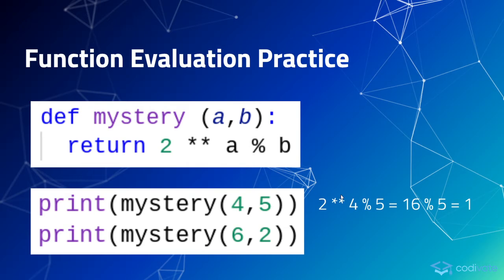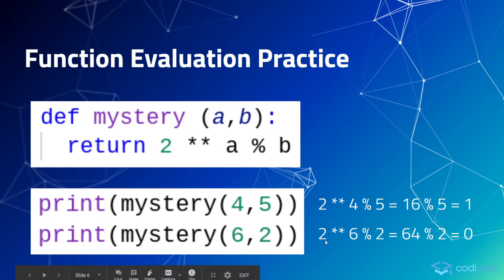Alright, for the second one, we have a similar process. We do 2 raised to the 6th power, which happens to be 64, and we do modulus 2. Since this is an even number, we know that it's divisible by 2, which means that that number modulus 2 will have a result of 0.